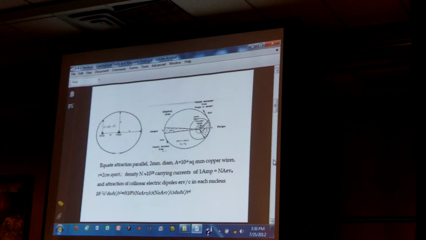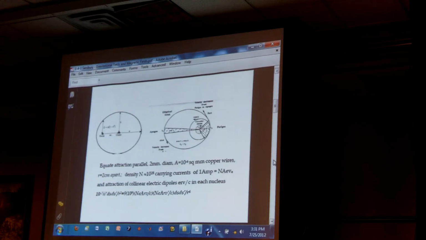But you multiply that times n, the number of atoms, 10 to the 28 atoms per cubic meter for copper, times the charge, times the cross-section area A, times the distance r between two parallel wires, times v, the drift velocity of the free electron in the current carrying wire, over c. Now nAev is the current, is equal to I.